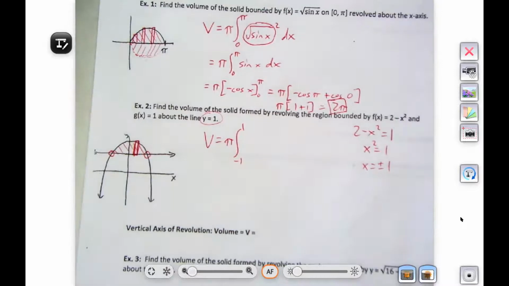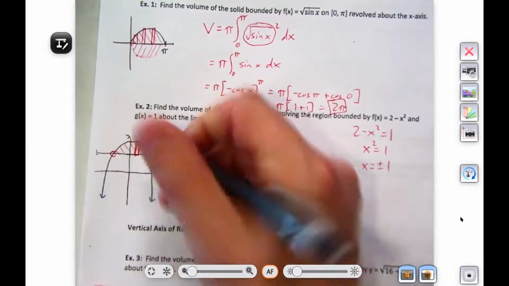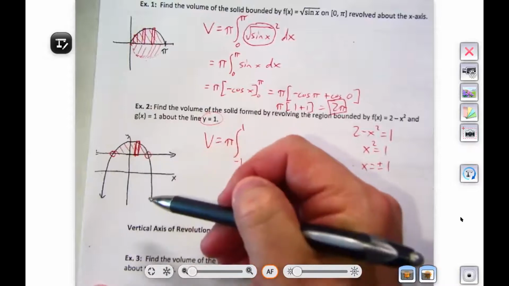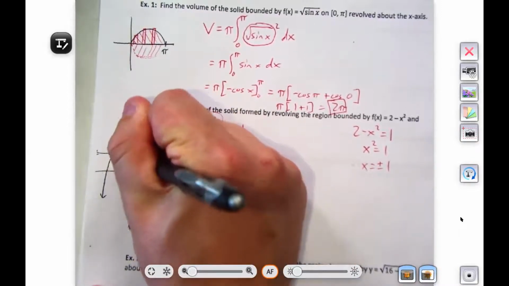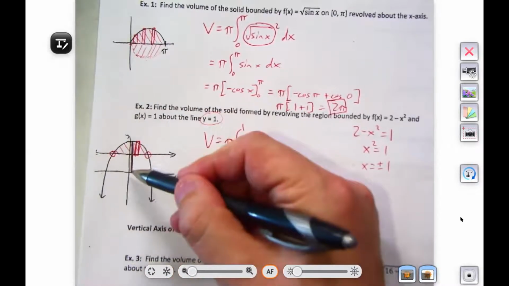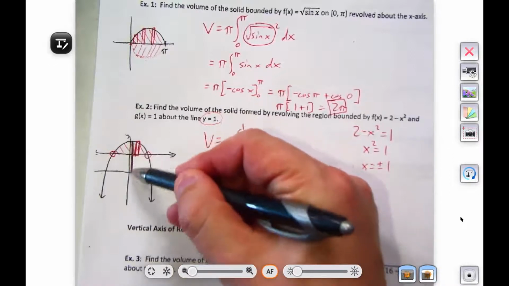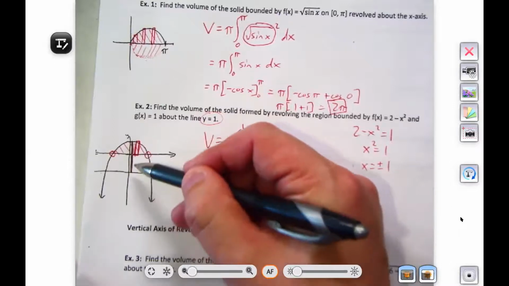I'm going to give you some hard and fast rules that you're not going to have to memorize. My third year teaching this class, I finally learned, oh, this works every single time. So the length of that red rectangle right there is whatever this distance is right here. When I draw from the x-axis up to that function, that black bar right there, the length of that is 2 minus x squared. That's the function length.